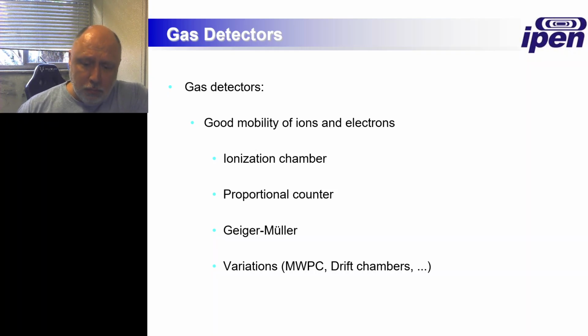The good thing is, in a gas, if you produce ionization, you will produce an electron and an ion. They are easy to collect because you just put some electric potential here, and you will collect all those charges. And there are several types like ionization chamber, proportional counter, Geiger-Müller, and others.